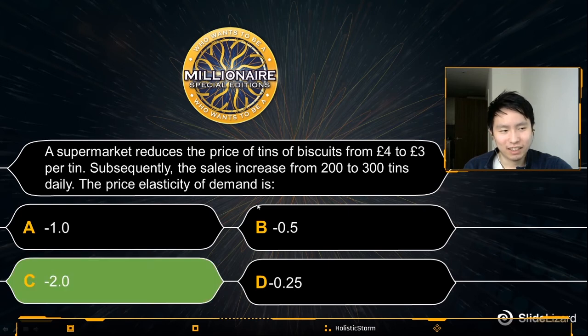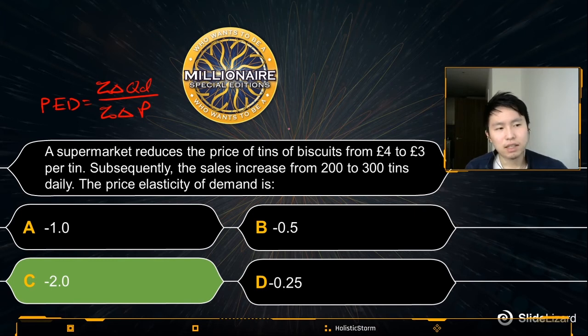Okay, so let's try to do this together. If we have the formula out here, the price elasticity of demand equals the percentage change in quantity demanded over the percentage change in price. So first, let's calculate the change in the number of tins being demanded.